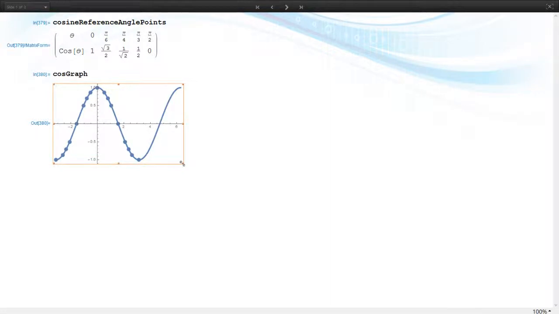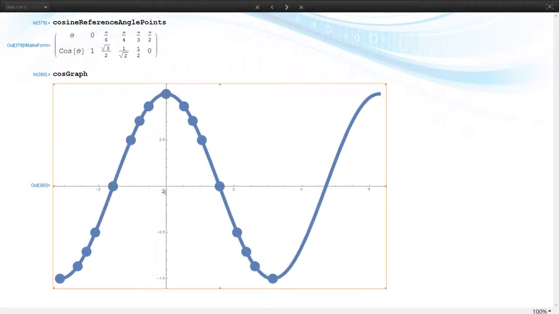Notice that for cosine, instead of passing through the point 0, 0, we pass through the point 0, 1. Basically, a cosine graph is a sine graph that's been shifted to the left by pi over 2. We can actually see that on our manipulate cosine graph that I'll put up in a bit. But these points can all be obtained using the unit circle to determine the sign.